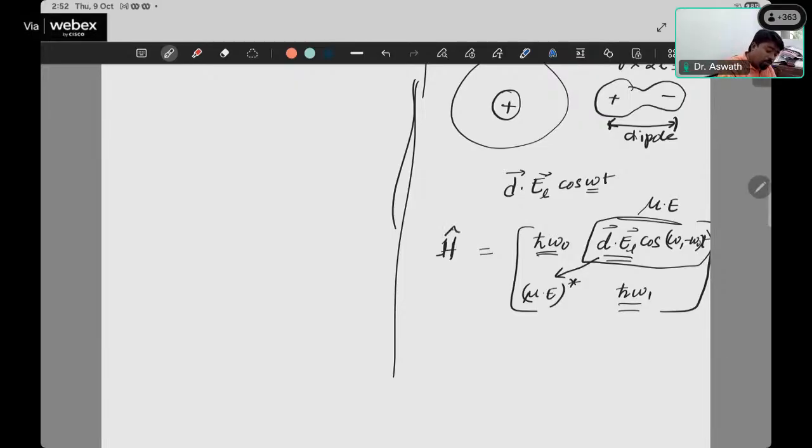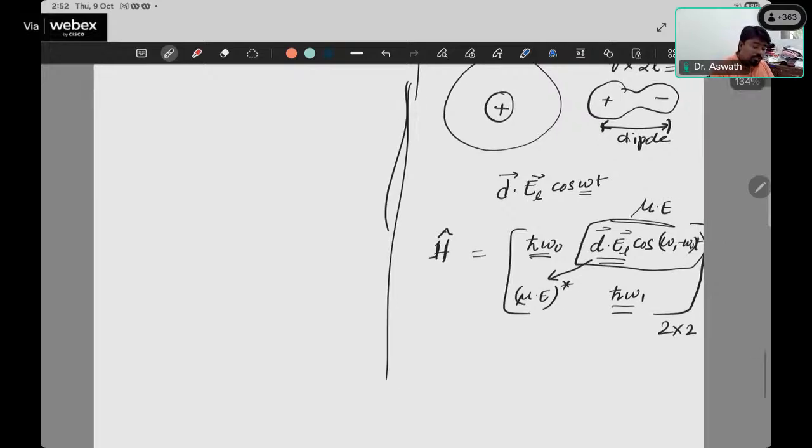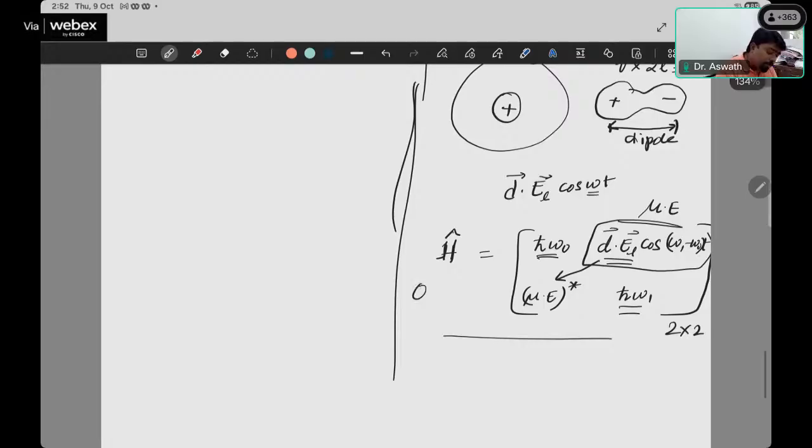So now I have a Hamiltonian for you in terms of a 2 by 2 matrix. This is the pure quantum system, a pure quantum representation. And the electric field is not fixed, it is varying.